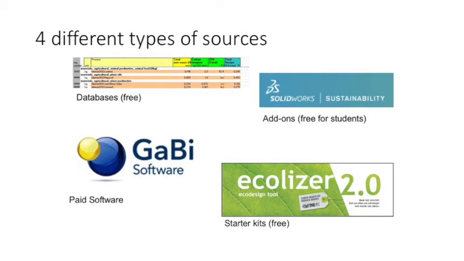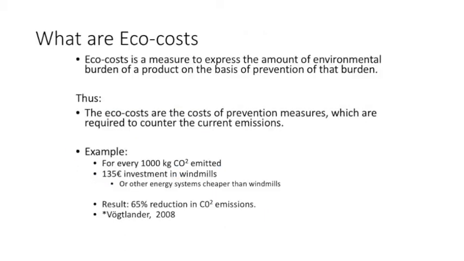There are 4 types of sources that you can use. There are free databases, there are add-ons in SolidWorks, there's software that you can pay for, and there are free starter kits with a limited amount of information. And in these databases they make use, for example, of measures, and eco-cost is one of them, and that is a measure to express the amount of environmental burden of a product on the basis of prevention of that burden, so the cost that it needs to prevent negative impact on the environment.